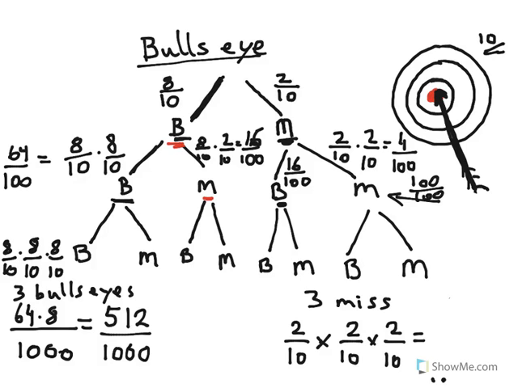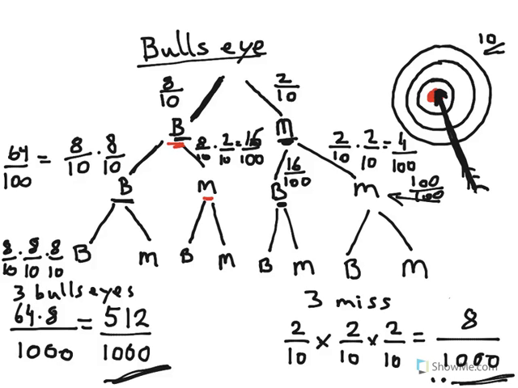So we are such fantastic archers that the chance of us getting 3 misses in a row is actually only 2 times 2 is 4 times 2 is 8. 8 chances out of 1,000, whereas the chance of us getting all bullseyes in a row is 512 1,000ths.